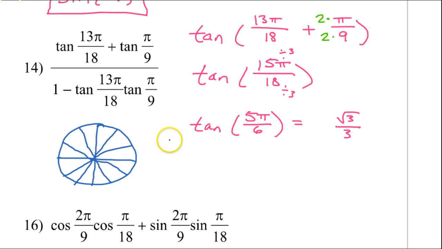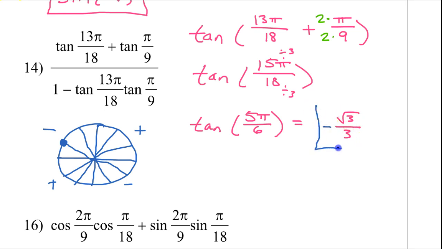Okay, so we got a bunch of pi over 6's. 6 pi over 6 would be right here. So 5 pi over 6 would be right here. That's in the second quadrant. And we know that tangent is negative in the second quadrant, because tangent is positive here and here, and it's negative here and here. So that's why I'm going to go ahead and go with negative radical 3 over 3.